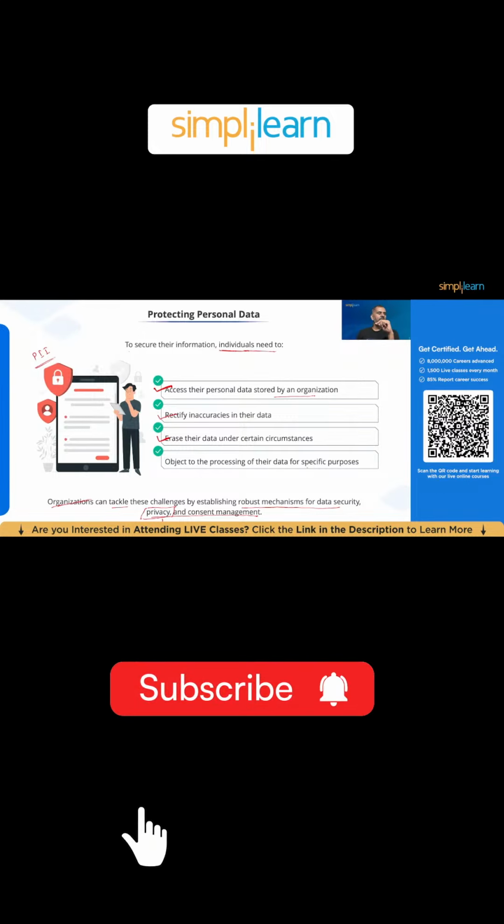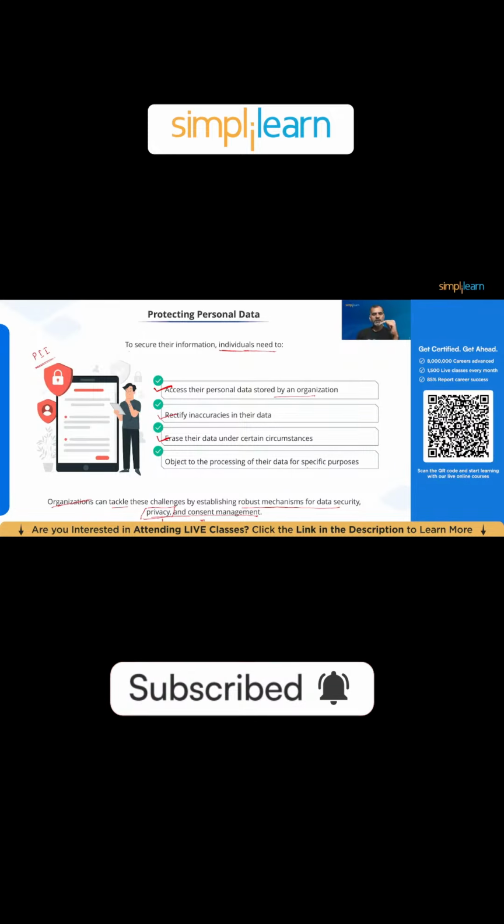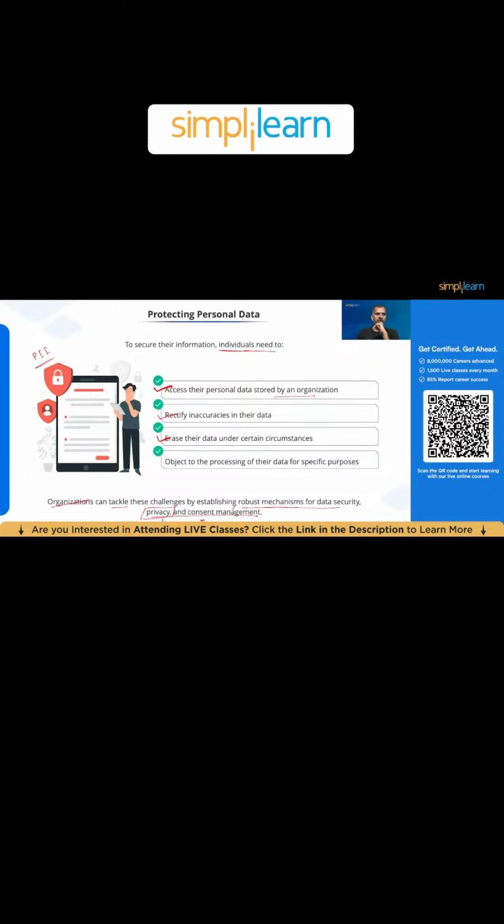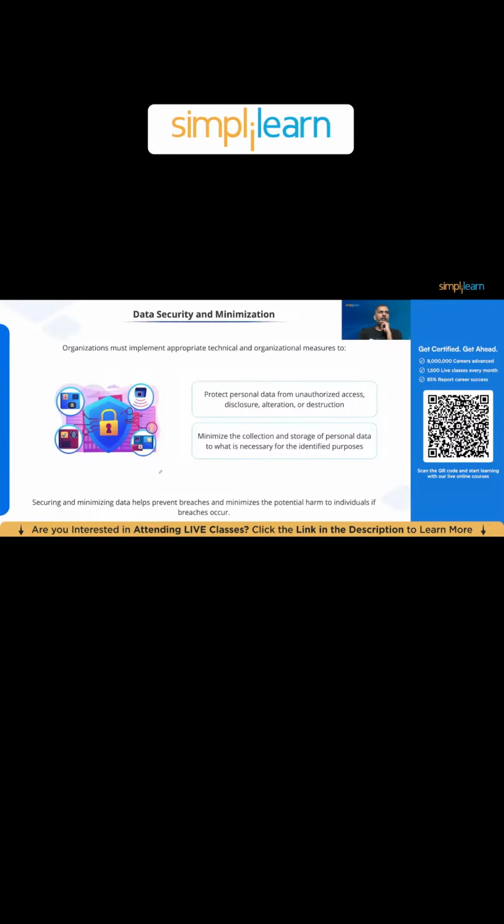And whenever you are collecting that information, you have to take the consent from the user as well. So consent management should also be in place, guys. To secure their information, we have to go through this. It's simple. In that process, we have to implement some data security. And as I said, minimization can be one of these steps.